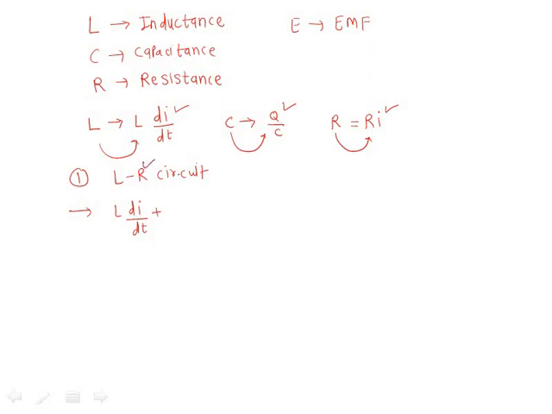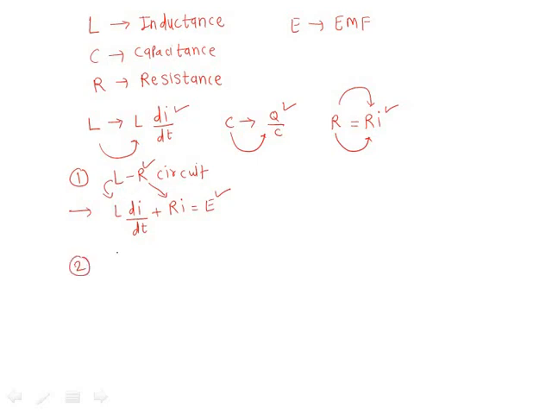Then for R, we will use Ri, and then it is equal to EMF E. Right hand side is always fixed. For L we write L di by dt, and for R we write Ri, and right hand side is always fixed, that is EMF E. In this way we can make the differential equation of LR circuit.